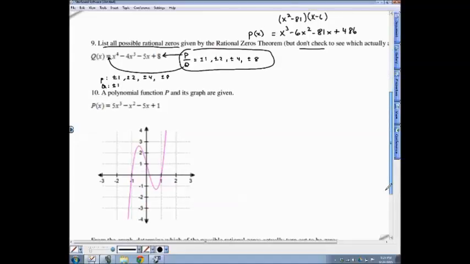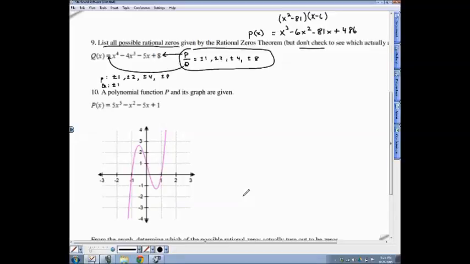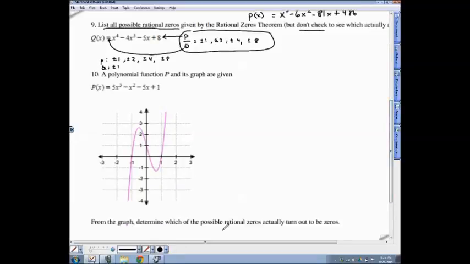Question 10, also from section 3.4, is asking you, from the graph, determine which of the possible rational zeros actually turn out to be zeros. So first it's saying, what are the possible rational zeros? So you've got to do the same thing that we did up here in question 9. So we need P, we need Q. P are the factors of the constant, which is plus or minus 1.